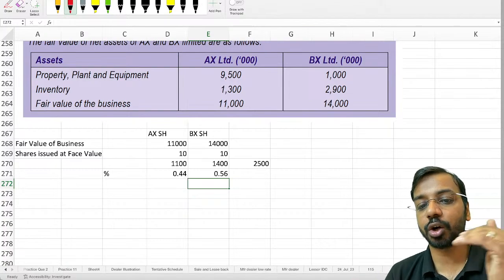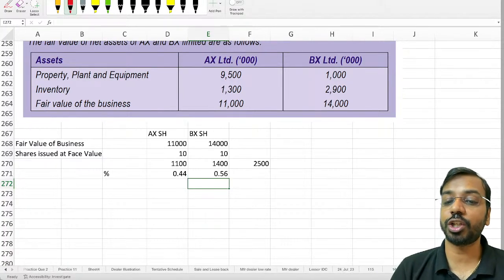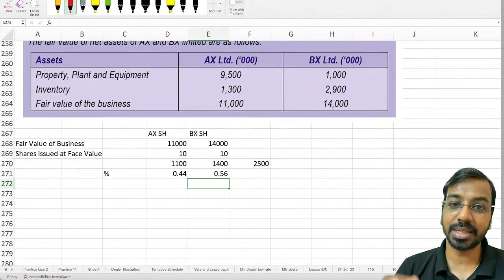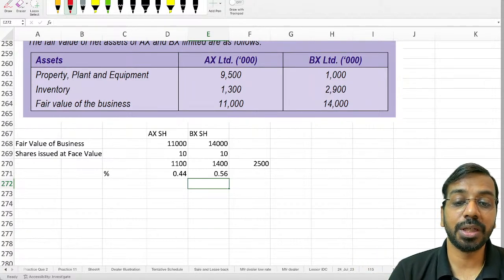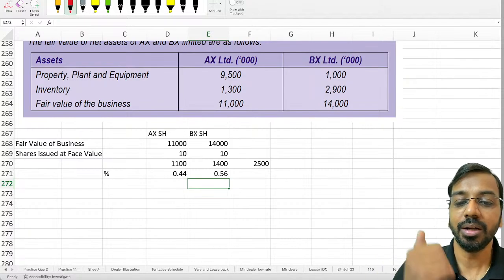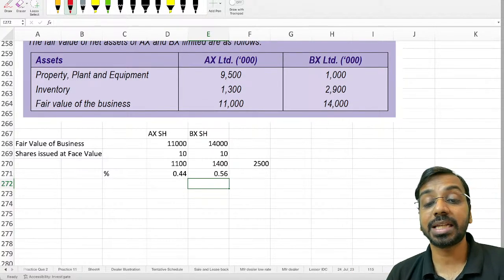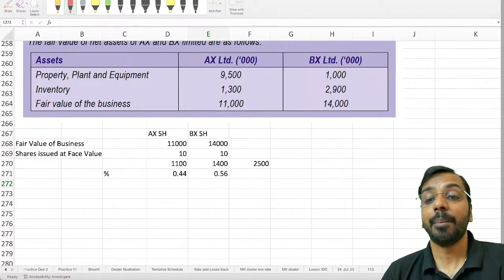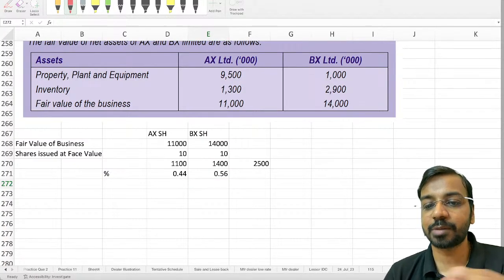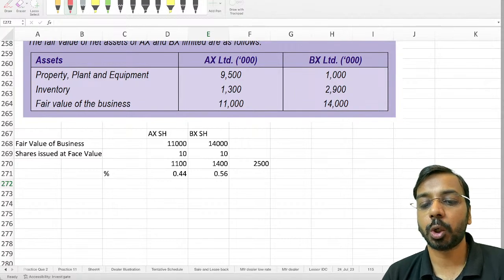BX is controlling the combined entity, but BX is not issuing the shares. However, BX will account for it as if BX has done the acquisition, because BX is the larger entity and BX management is taking over the control of the combined entity.